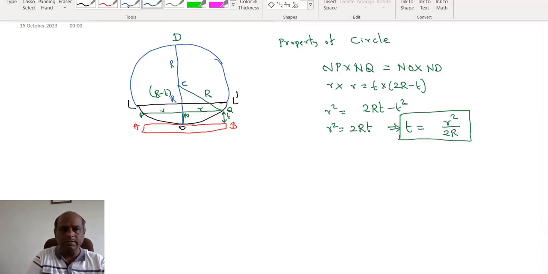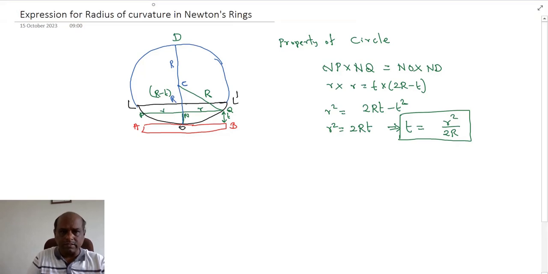So now it is forming a triangle, the triangle NQC. From this NQC, using Pythagoras law, CQ square is equal to CN square plus NQ square.